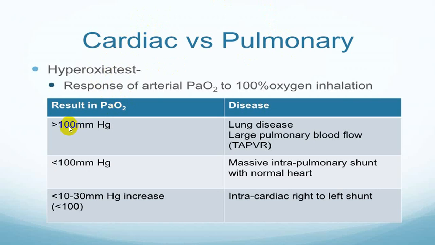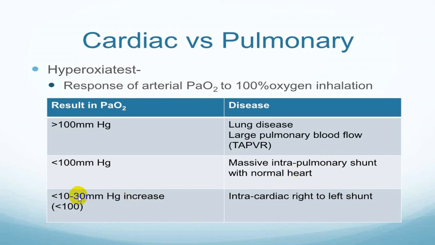If you give 100% oxygen and you get improvement, then it is a lung disorder. If you give less than 100 millimeter of mercury pressure oxygen and there is a response, it is more in favor of intrapulmonary shunts with a normal heart.